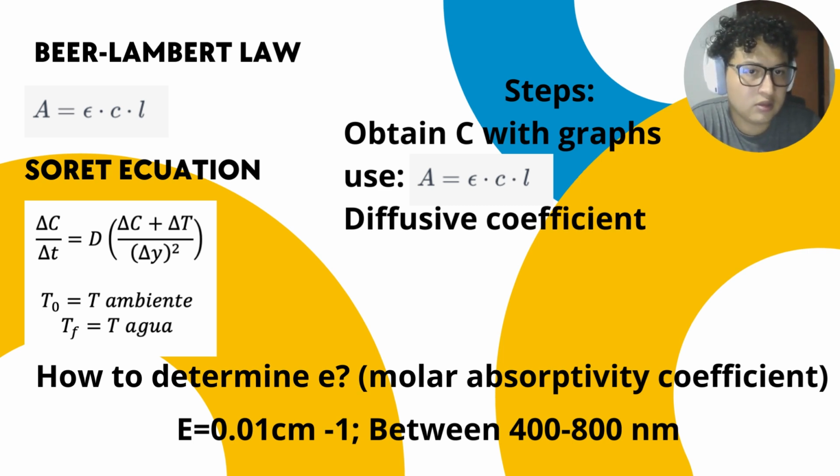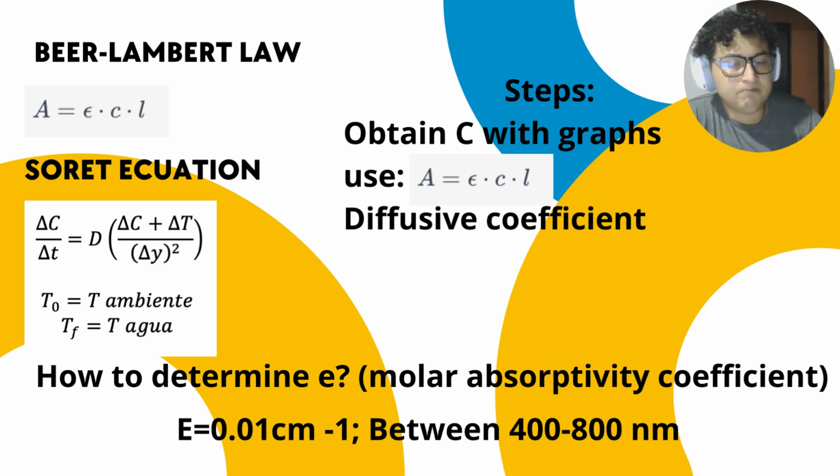three steps to obtain the diffusivity coefficient, and in the first part we will use the graphs to obtain the concentrations of the substance. We will use the Beer-Lambert law, and with this level of concentrations, we will use the Soret equations to finally obtain the diffusivity coefficient.